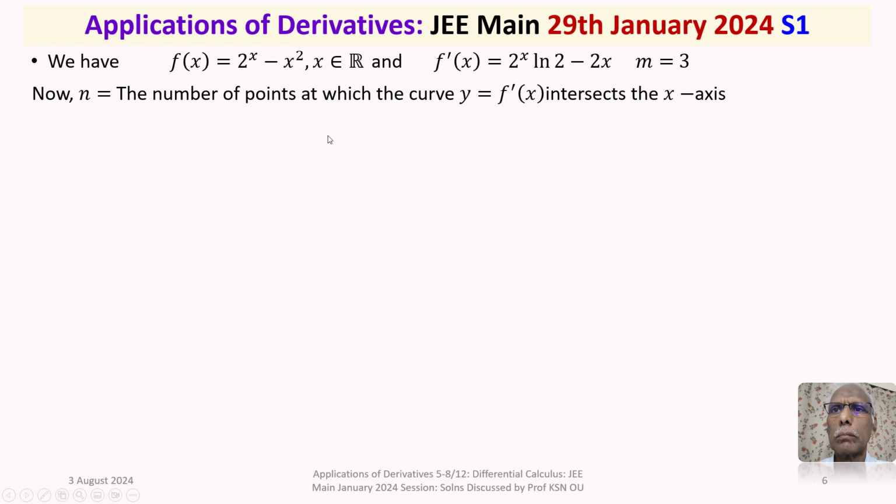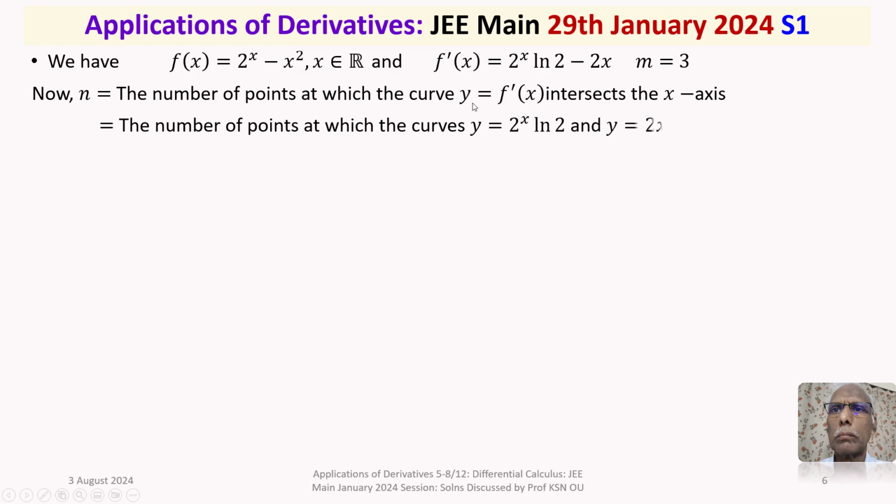Again, by the same argument, it is equal to the number of points at which the curves y is equal to 2 power x ln 2 and y is equal to 2x intersect. 2 power x into ln 2 is an exponential curve, and this is a straight line passing through the origin.